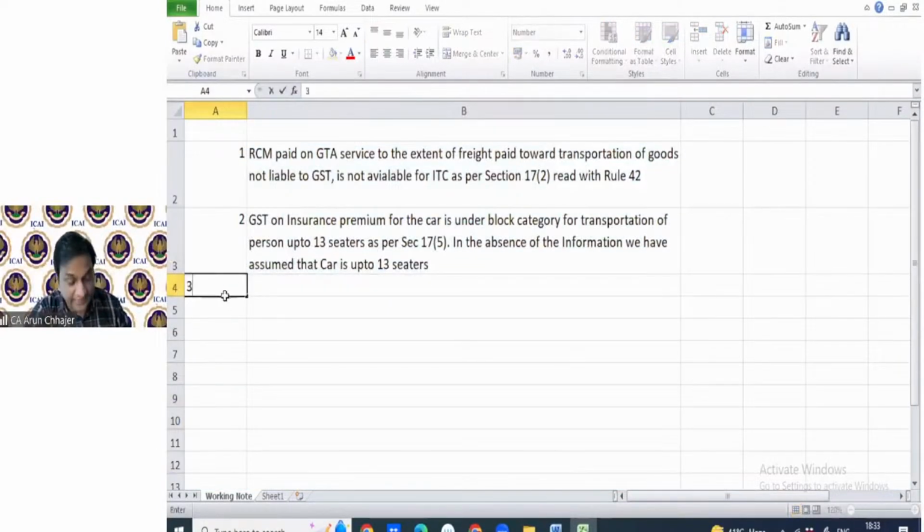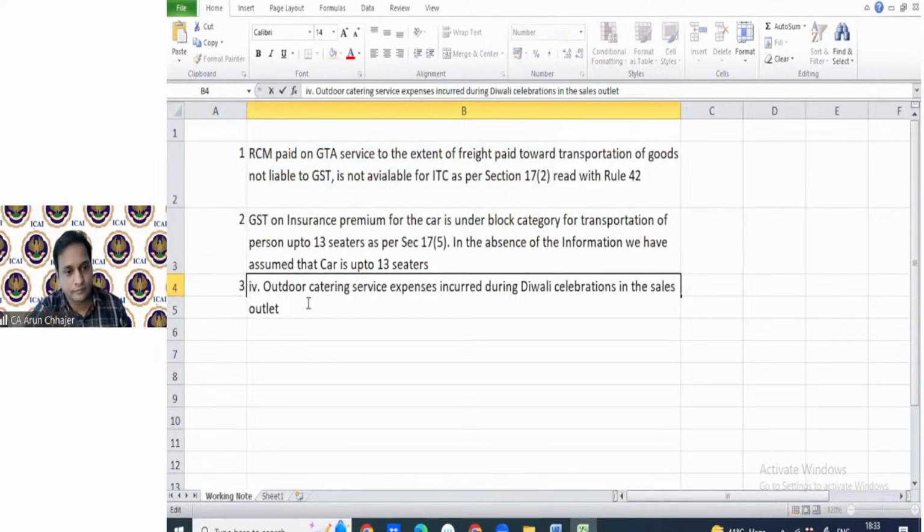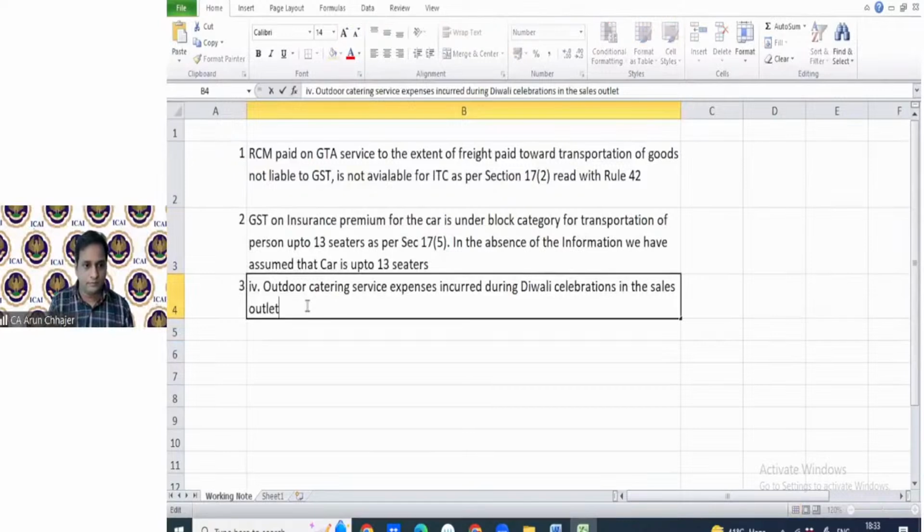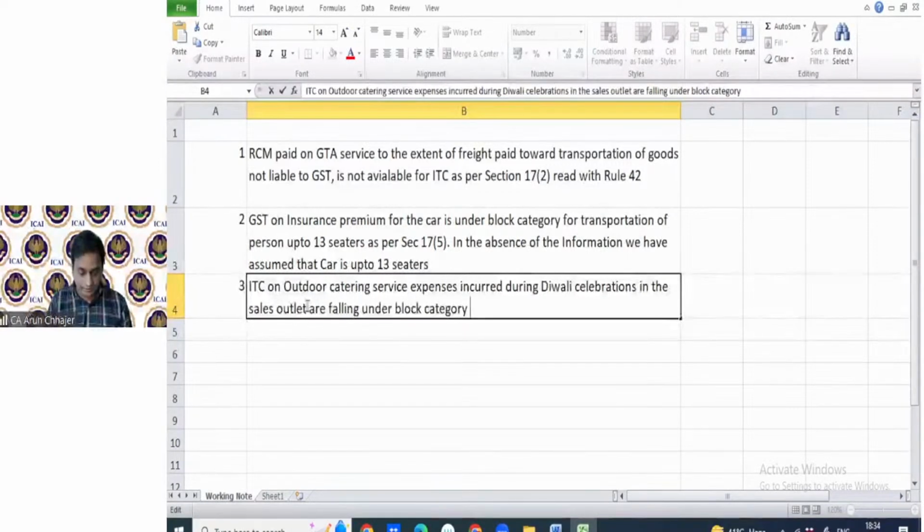Working note number 3: ITC on the outdoor catering services incurred during Diwali celebration for sales outlet falls under block category by virtue of section 17 subsection 5 clause B.